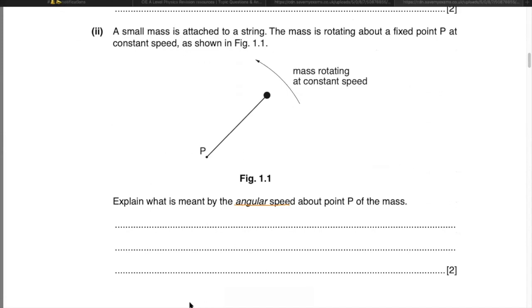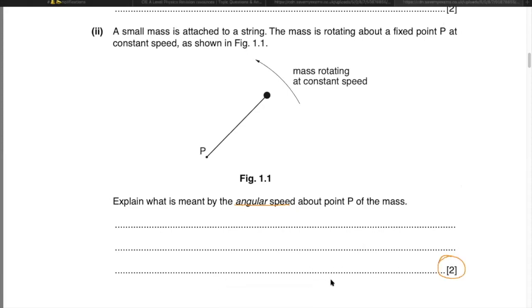Come on, you guys don't know? Do you guys forget? Guys, are you thinking? Yeah, the definition. Bro, it's 2 marks. Yeah, you know, but you don't remember, so you don't know. Just kidding.